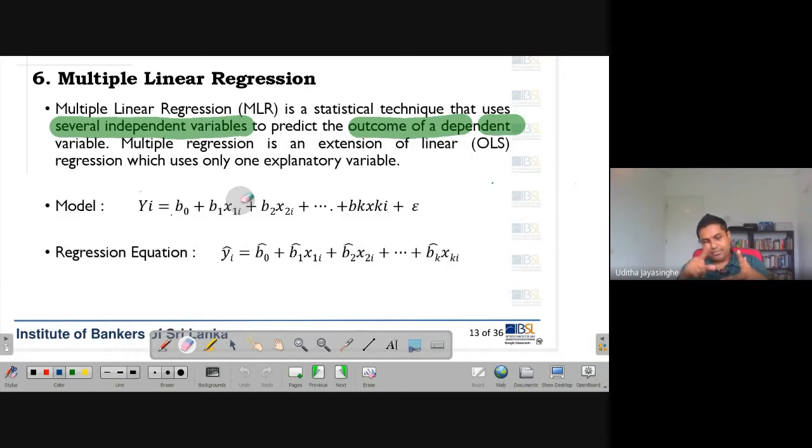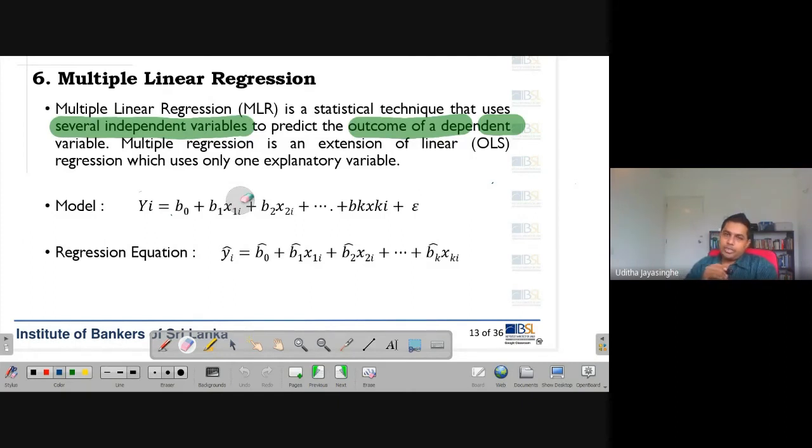For a simple graph, we can put up an x-axis and y-axis and discuss. For 2 variables also, we can still discuss in a 3D plane. But when you have multiple variables, it's going to be really difficult to calculate these things by hand. There are advanced mathematical models, and currently you can use many computer software packages to give these inputs, and the software will tell you the values of b0, b1, b2, b3.